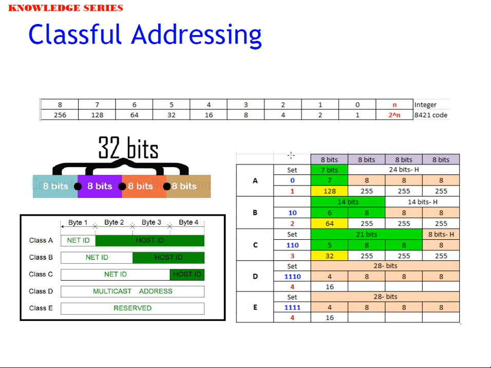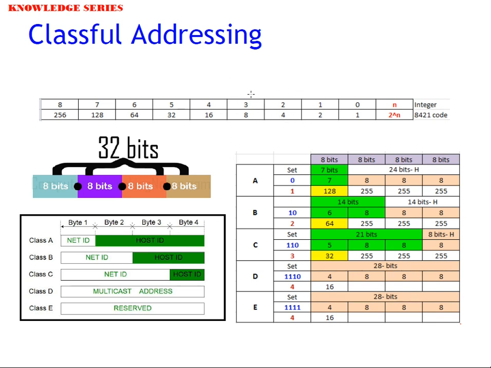In other words, an IP address serves two main functions. One is host or network interface identification, and another is location addressing. These two things are very important.